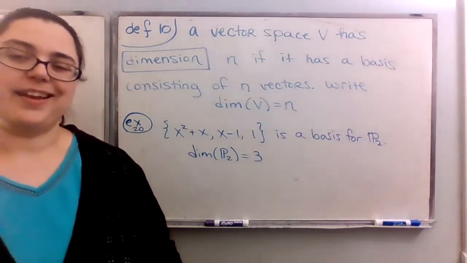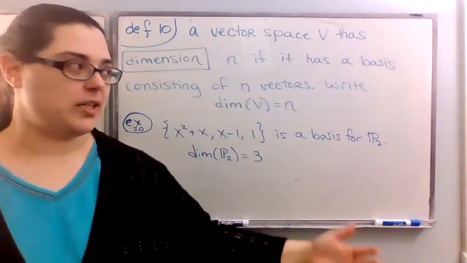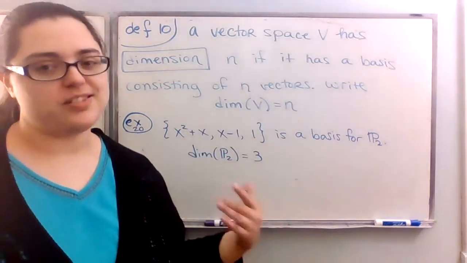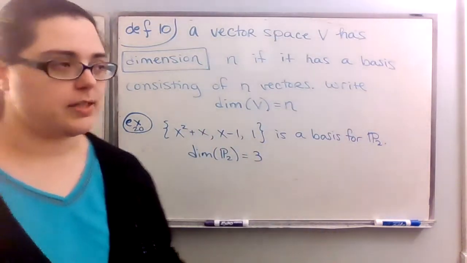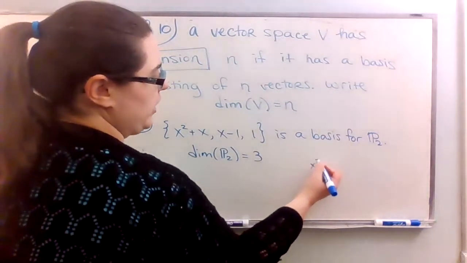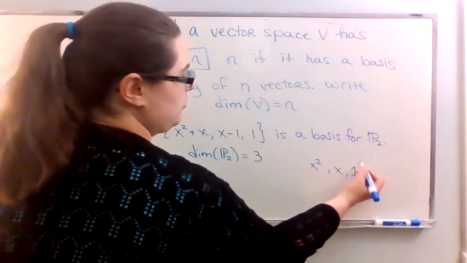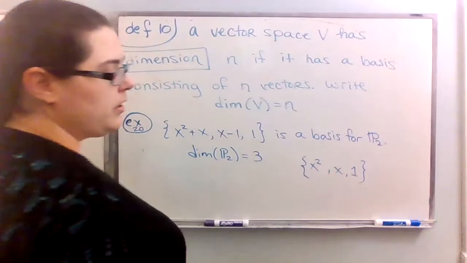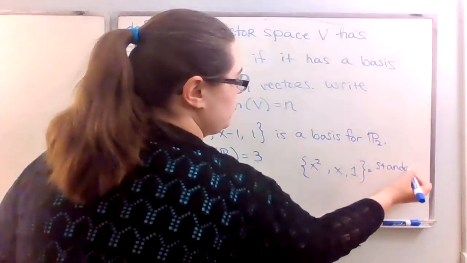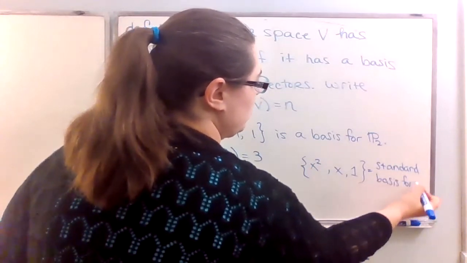Now, if we wanted to find a simpler way of expressing a generic polynomial in P2, there's a much easier basis to use. And this is often the standard basis that would be used: we have x squared, we have x, and then we have a constant term. So this would be the standard basis for P2.